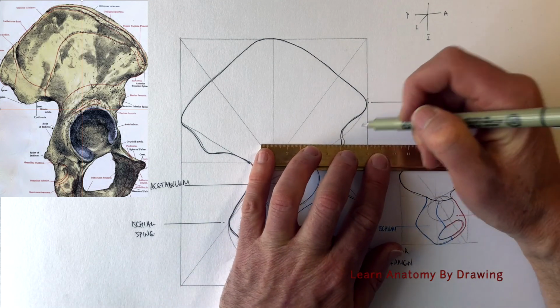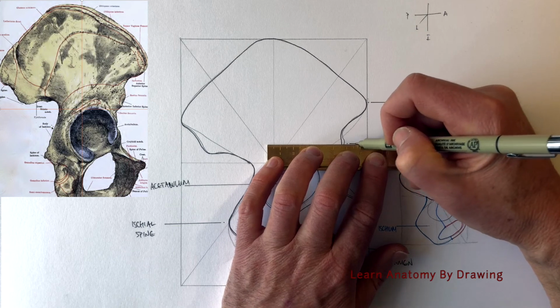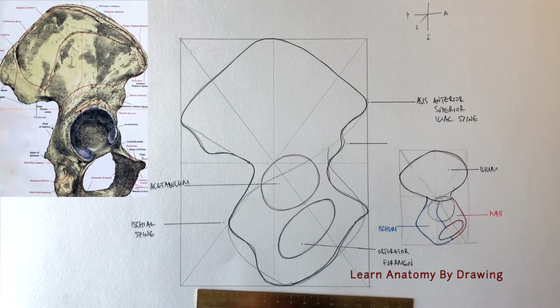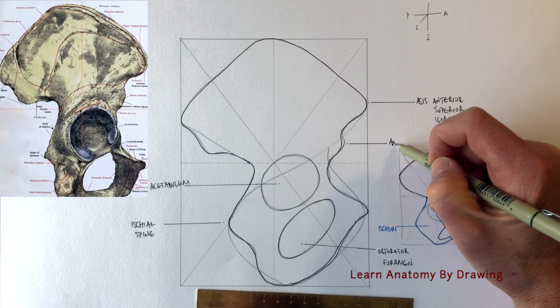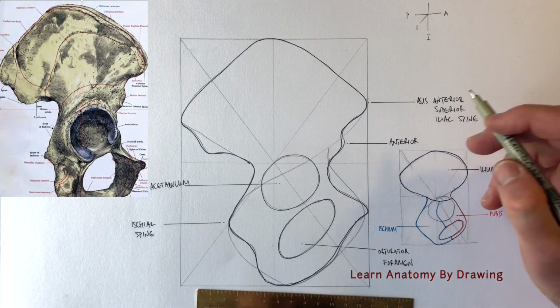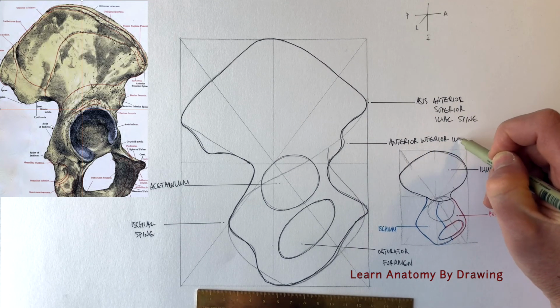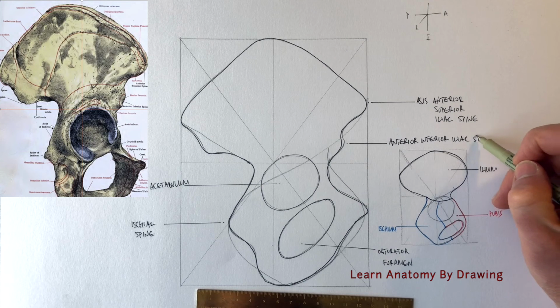And if there's a superior, you might ask, is there an inferior? And there it is. That is the anterior inferior iliac spine.